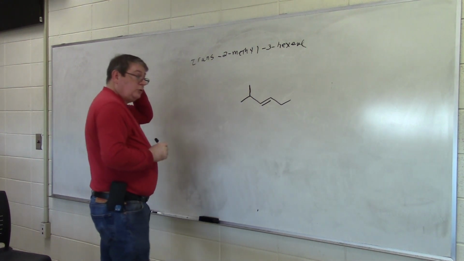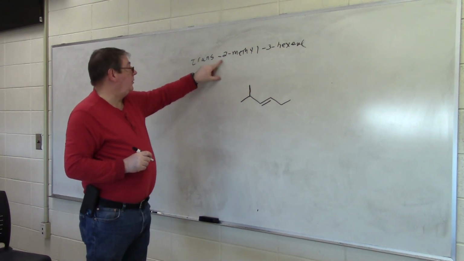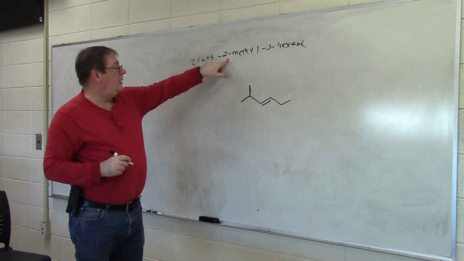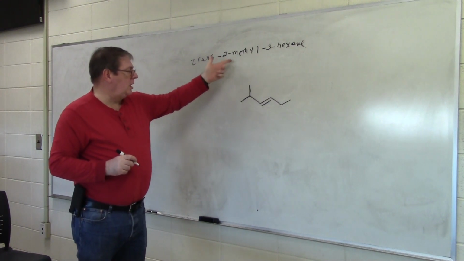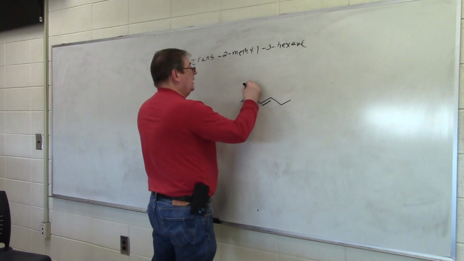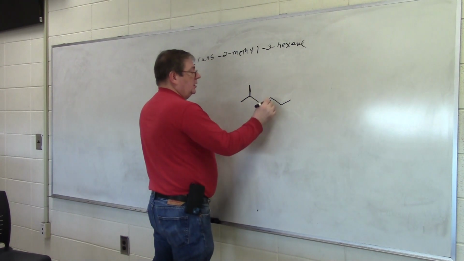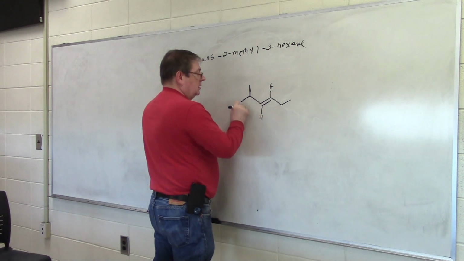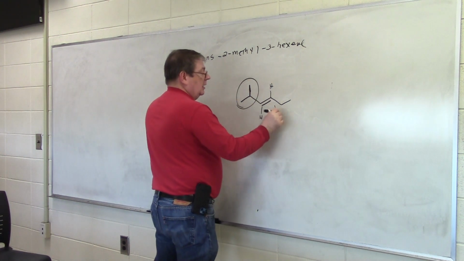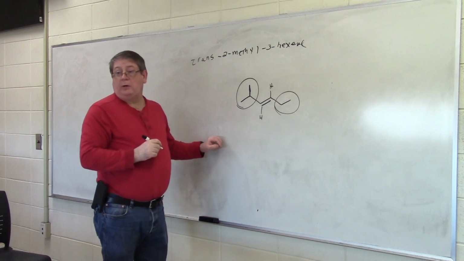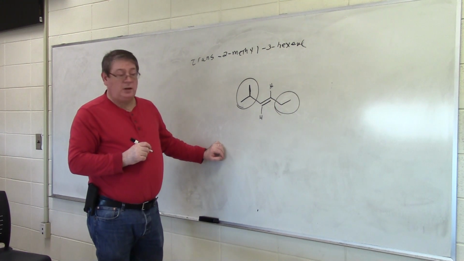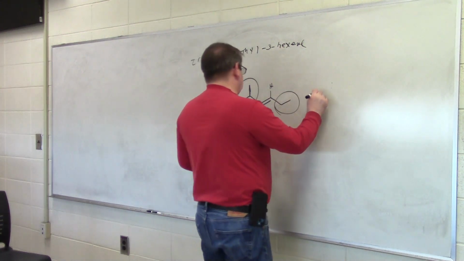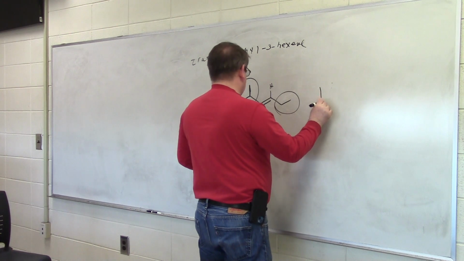Right, and so what's it trans to? It has nothing to do with the methyl, right? So you probably made the same mistake. I was thinking, well, the methyl's not going to be on carbon number 2. But it is, because that's perfectly fine. The trans has to do with the fact that you've got a hydrogen here and a hydrogen here, right? So this group and this group are both the high priority groups, and they're on opposite sides of one another. We could have just as easily drawn it like this.